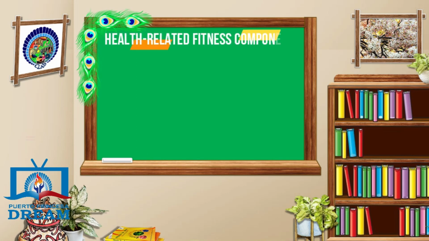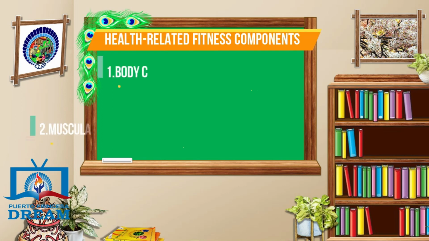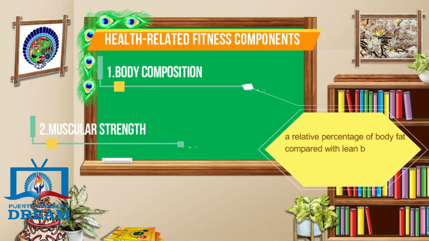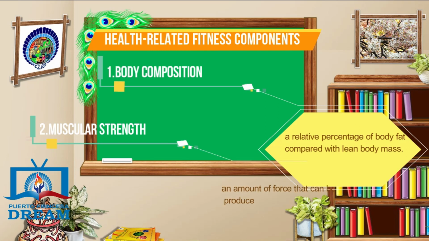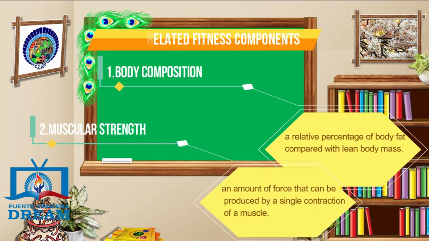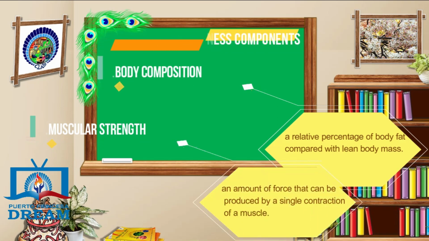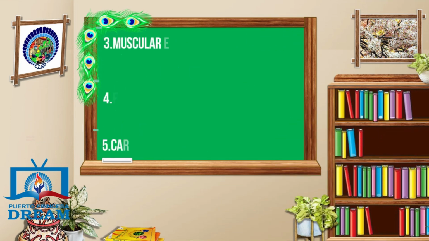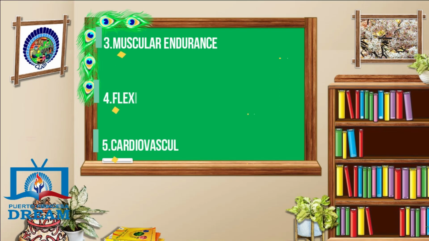Health-related fitness components, or HRF. Here they are. Number 1, body composition. A relative percentage of body fat compared with lean body mass. Number 2, muscular strength. An amount of force that can be produced by a single contraction of a muscle. Number 3, muscular endurance.